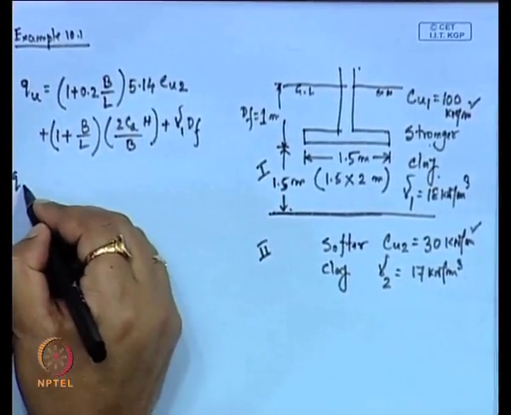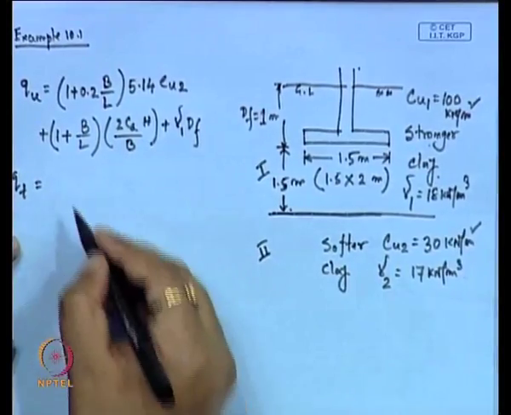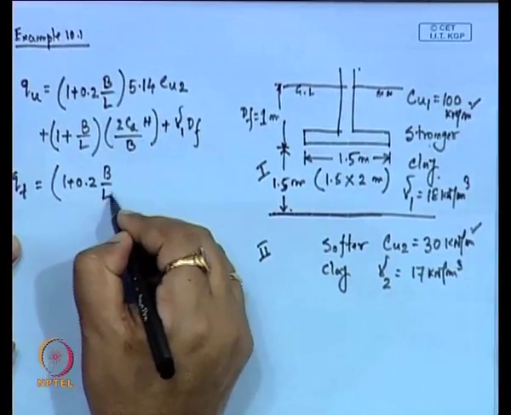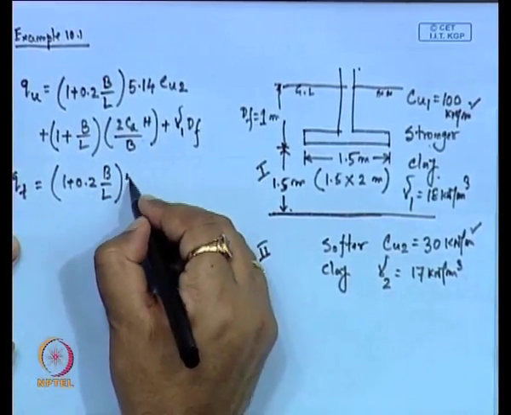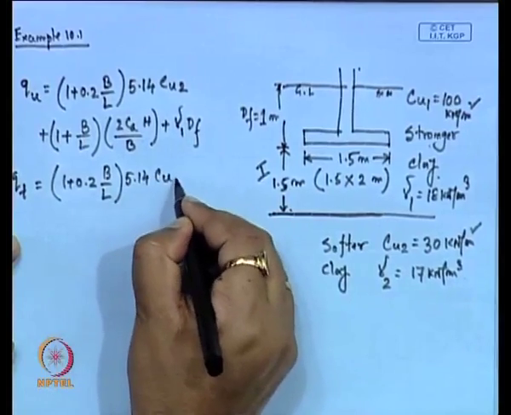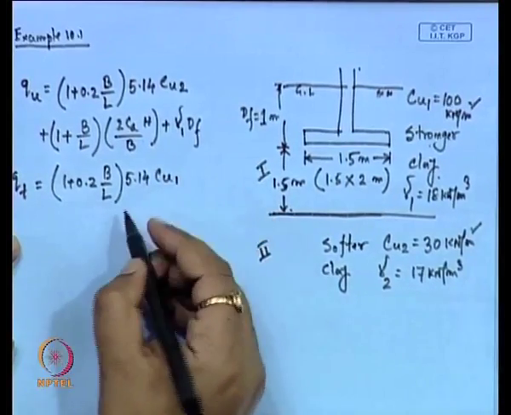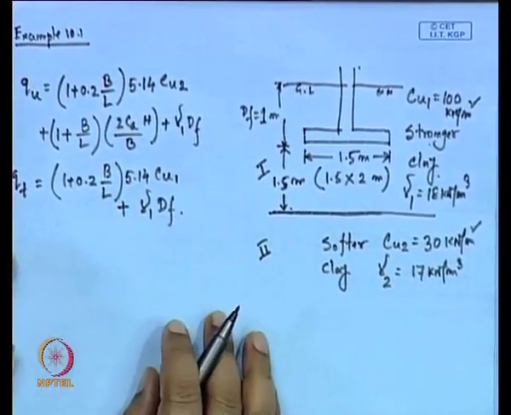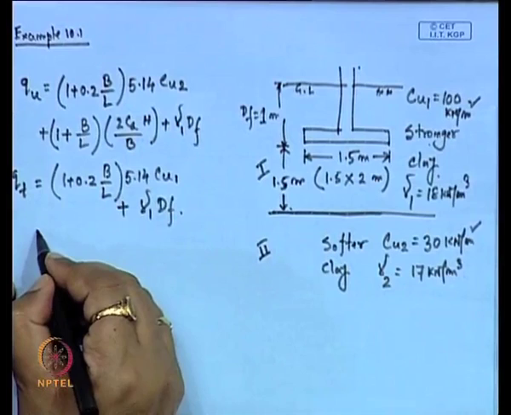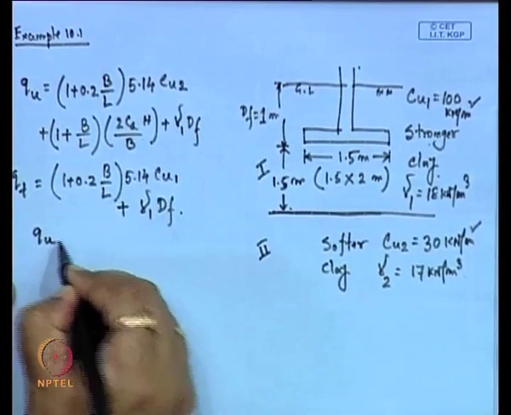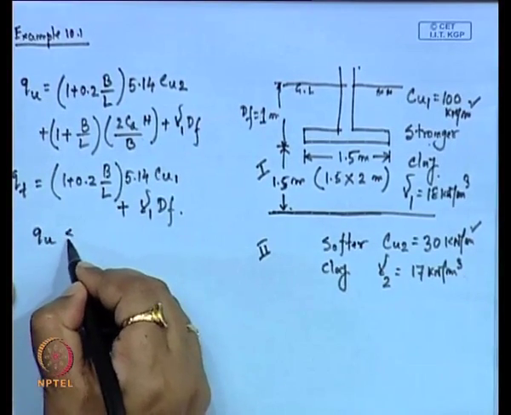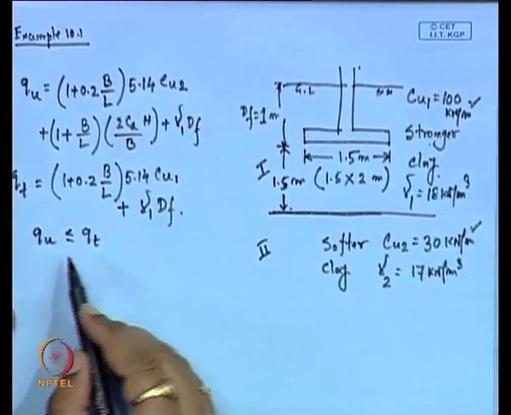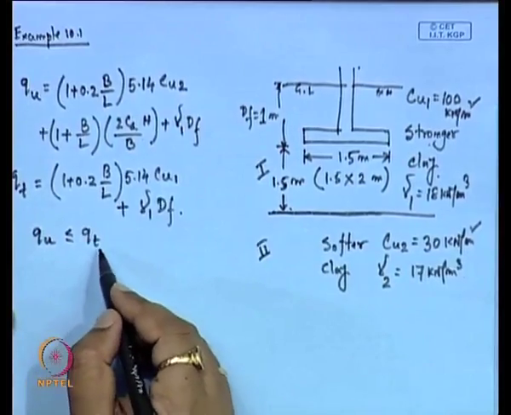And qt, the bearing capacity of the top layer, is 1.2 (B/L) × 5.14 Cu1 + gamma 1 Df. The condition, which I have already explained, is that the ultimate load carrying capacity qu should be less than or equal to qt.